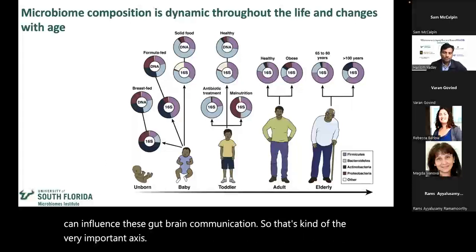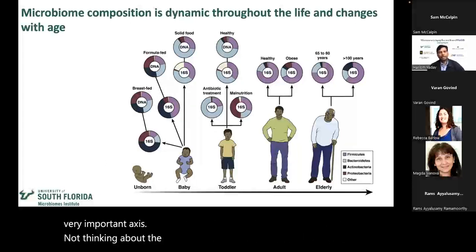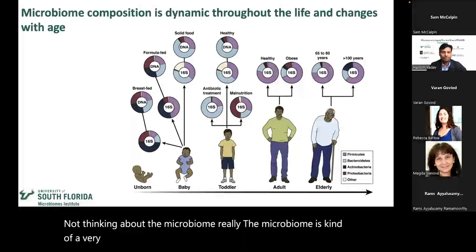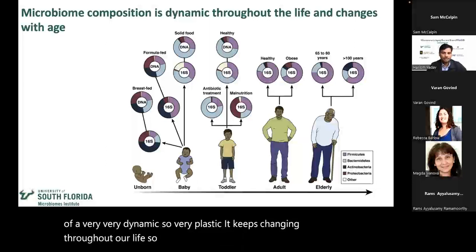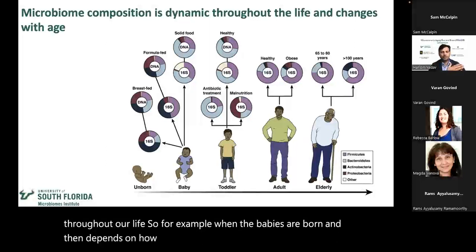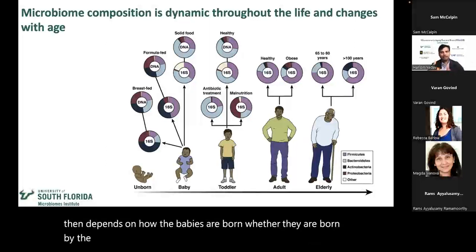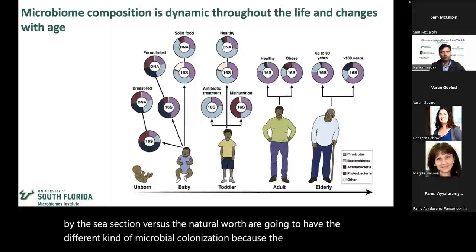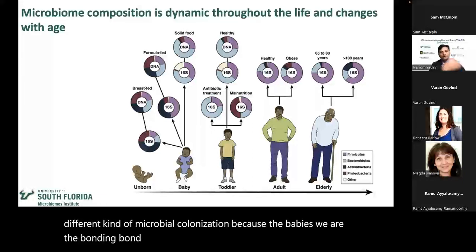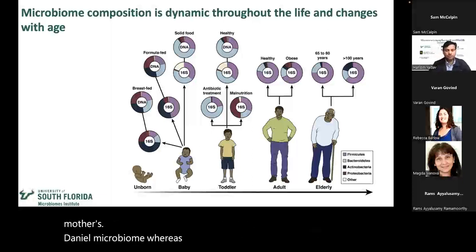Now, thinking about the microbiome, it is very dynamic, very plastic. It keeps changing throughout our life. For example, when babies are born, depending on how they are born, whether by C-section versus natural birth, they are going to have different microbial colonization, because babies born by natural birth are going to acquire the mother's vaginal microbiome, whereas babies born from C-section are not.